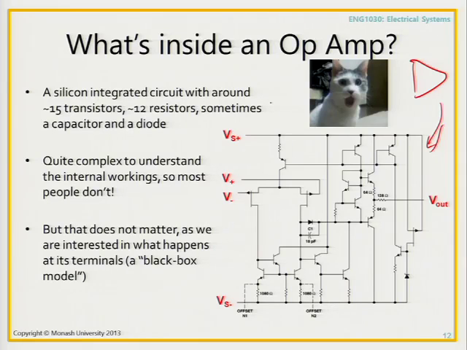What's inside this op amp is a number of different components, all created in silicon and then broken off and packaged up into that nice little package that you get in your lab kit. Inside that package, you get about 15 transistors, 12 resistors, and a capacitor and a diode, for instance. Those are these things over here.